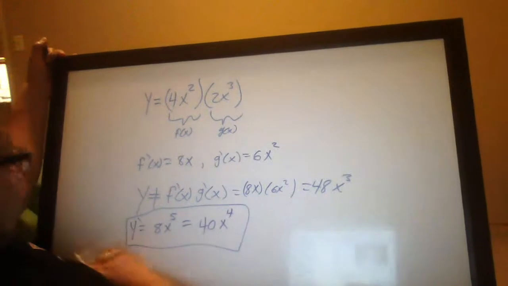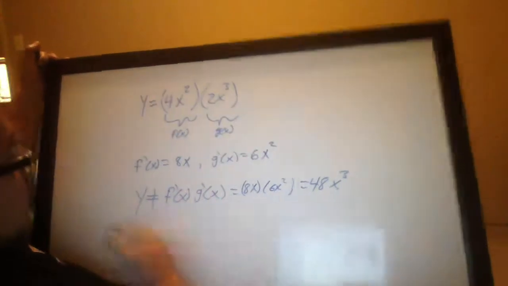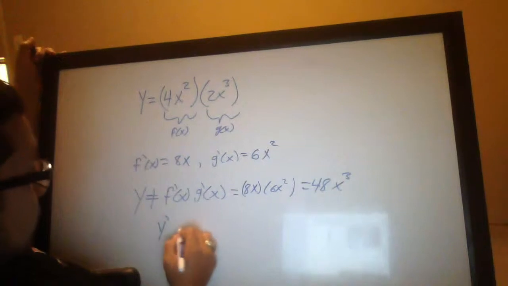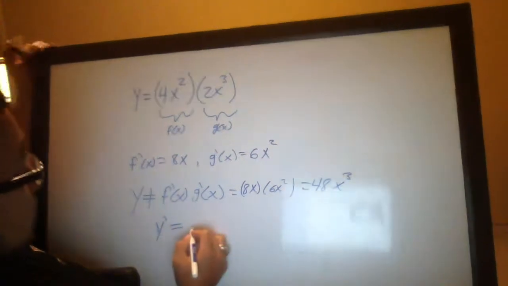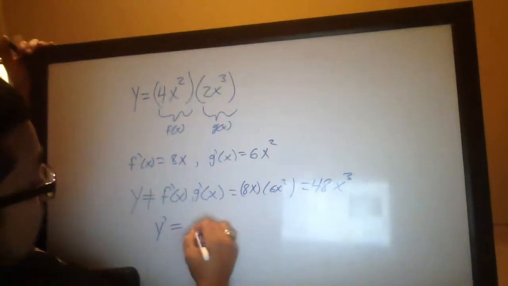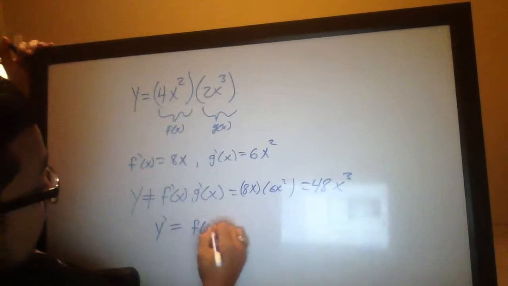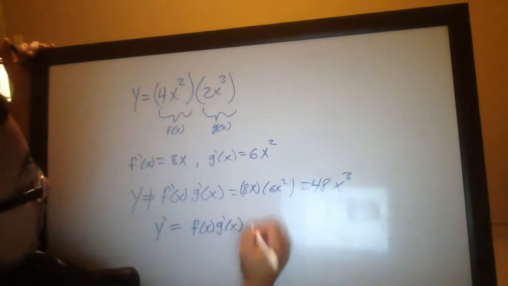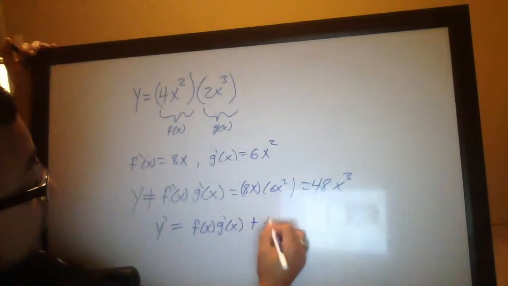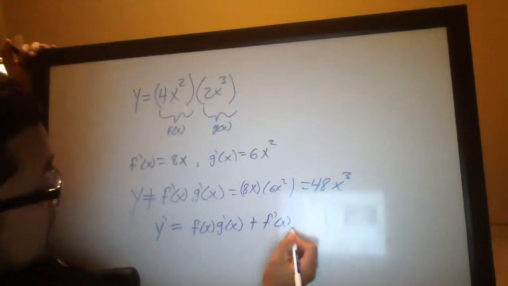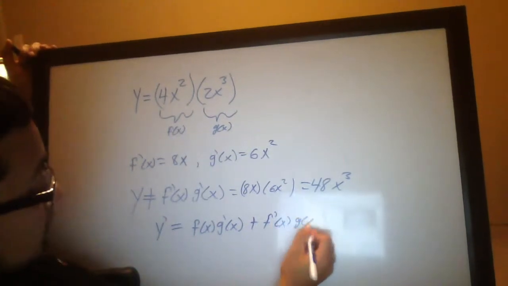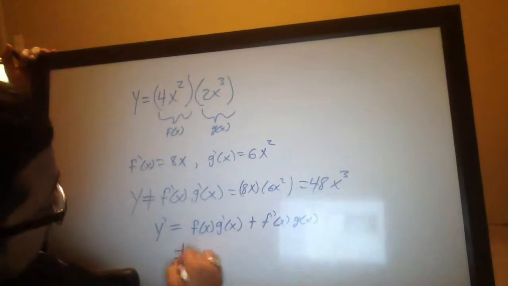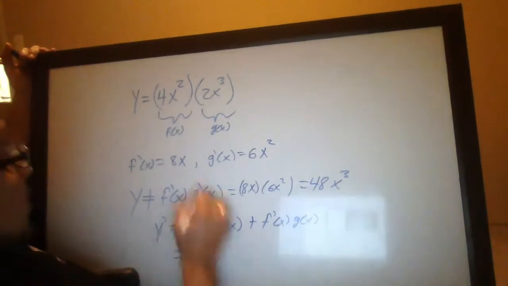So the big moral of the story here is that y prime is equal to f of x times g prime of x plus f prime of x times g of x, and not equal to this right here.